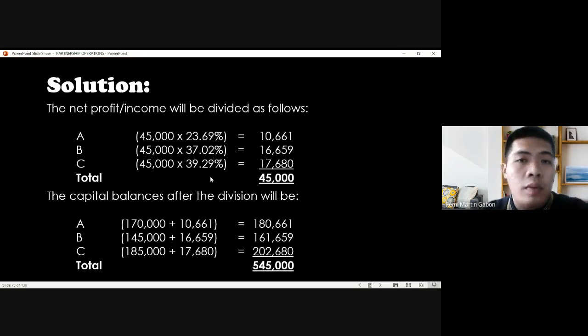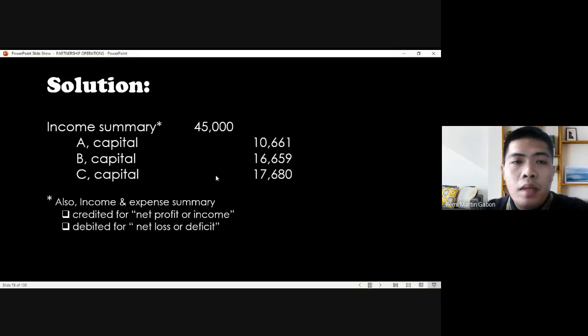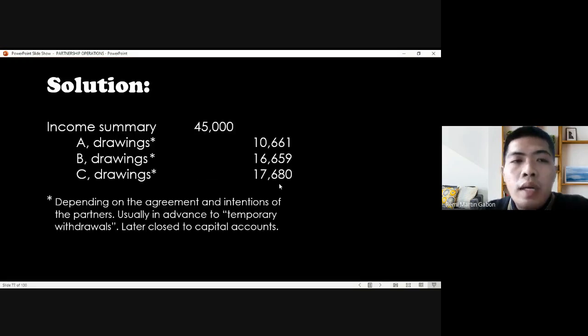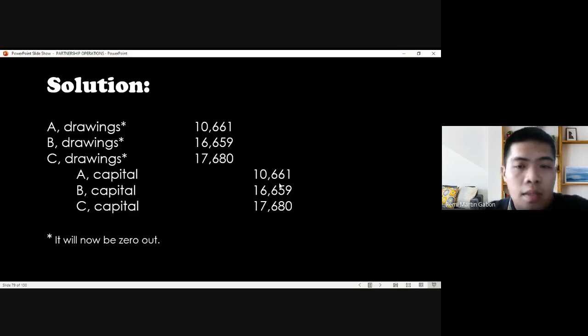So be careful. Then the journal entry for the profit distribution, you can credit it directly to the capital account, or you can have it credited muna sa drawings, then i-close naman yung drawings doon sa capital account. The same scenario pa rin yan. The same effect dun sa capital balances.